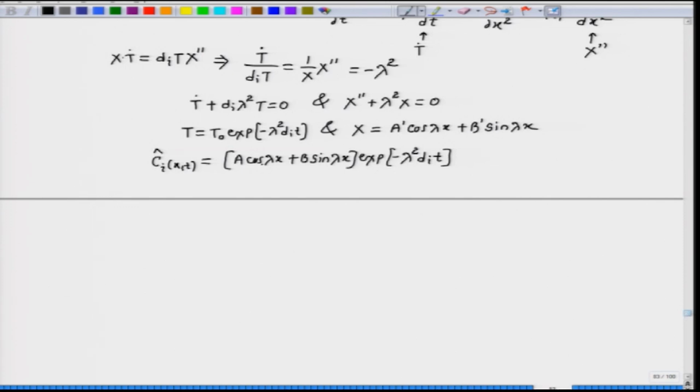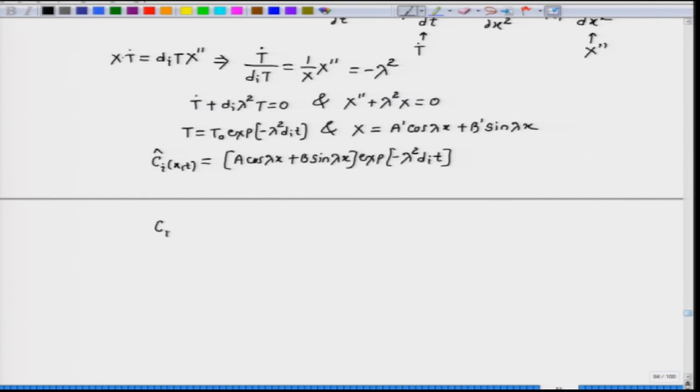Now, we know the linear combination of solutions is also a solution. So, if there are an infinite number of values of lambda n for which the solution is satisfied, then their summation should also be a solution.